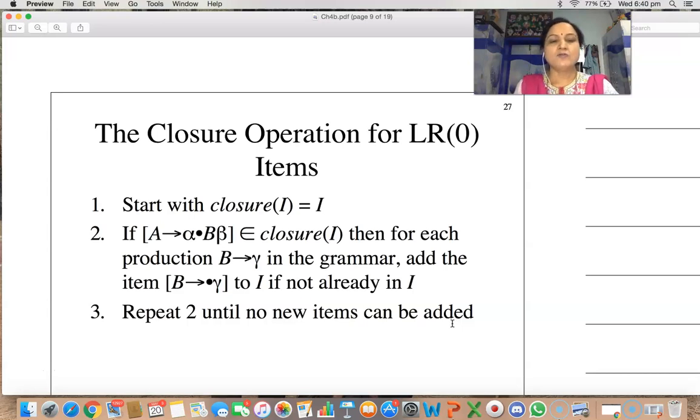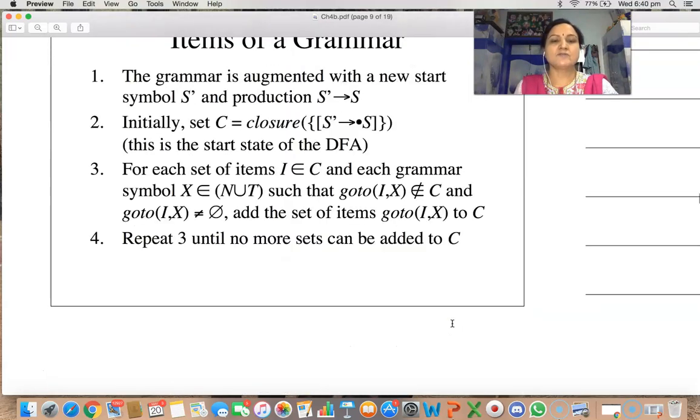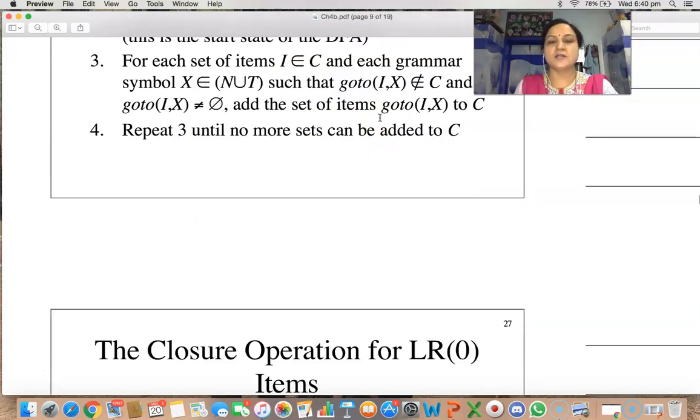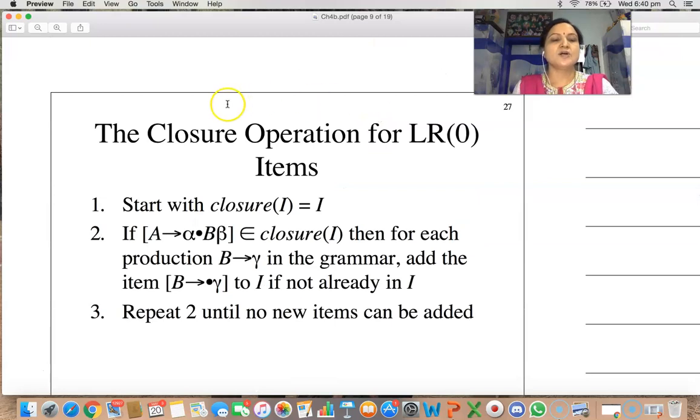So now how do we compute the closure? Because we have to compute the closure of S dash tends to dot S. So how to compute this closure? Initially we start with closure of I equals I, that is the state number. Then in that state, if we have a production A tends to alpha dot B beta. What is the meaning of this production?